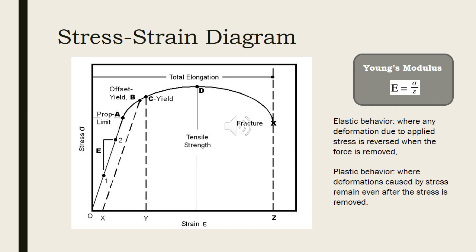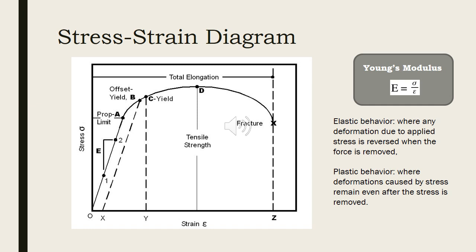It is found by drawing a line starting from 0.002 on the x-axis, which is actually the strain axis, and runs parallel to the stress-strain line, which has slope E. The point where this line intersects the stress-strain curve is called the offset yield point.